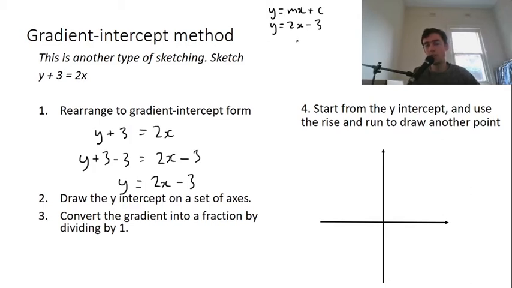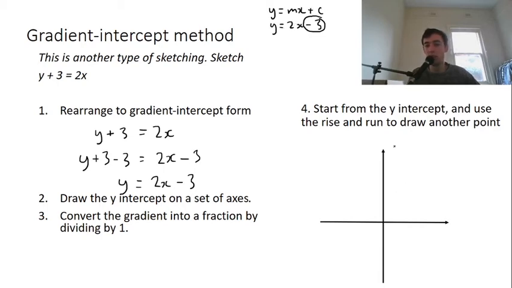So m, the gradient, is 2, and c, the y-intercept, is negative 3. Because this is mx plus c and there's a minus here. And by the way, adding negative 3 is the same as just taking it away. So it's like y equals 2x plus minus 3.